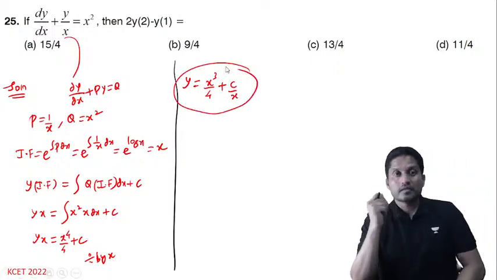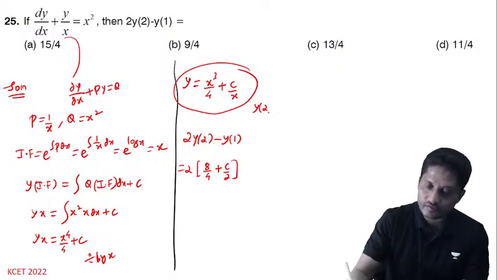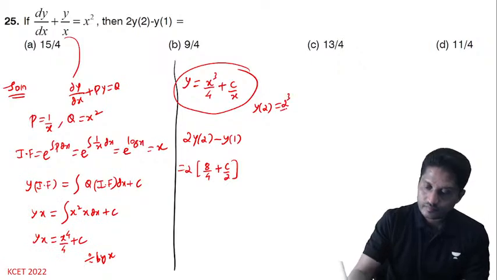Now y of 2 minus y of 1: y of 2 is equal to 2 cube, 8 by 4, plus c by 2, and y of 1 is 1 by 4 plus c by 1.